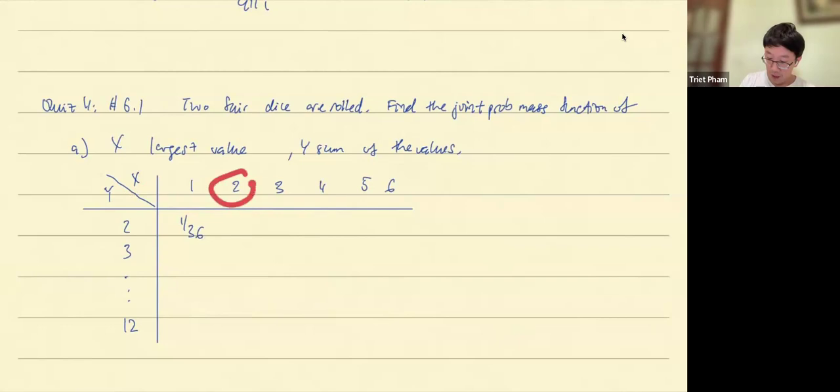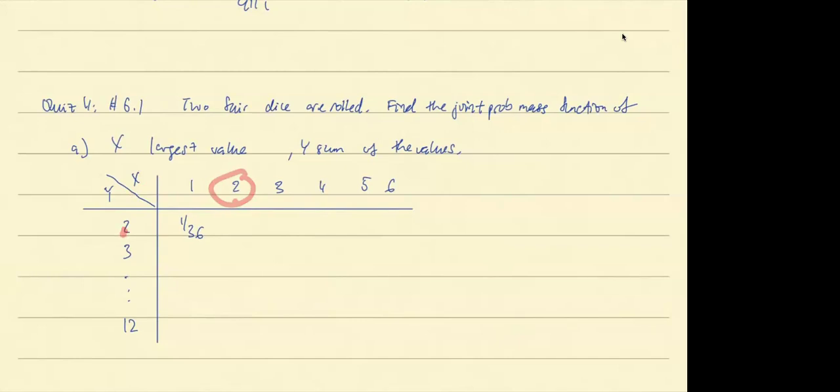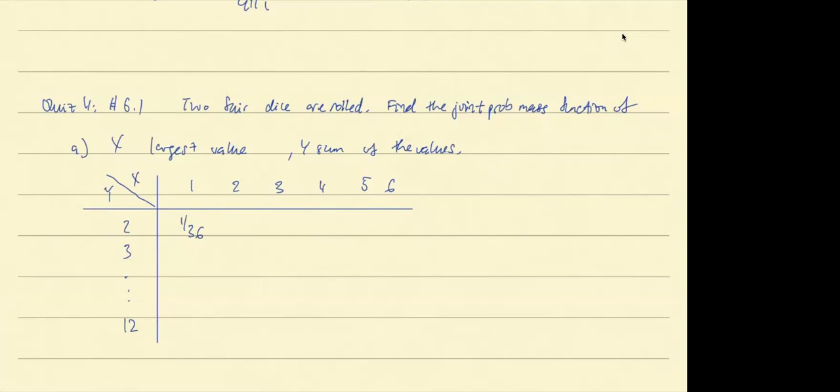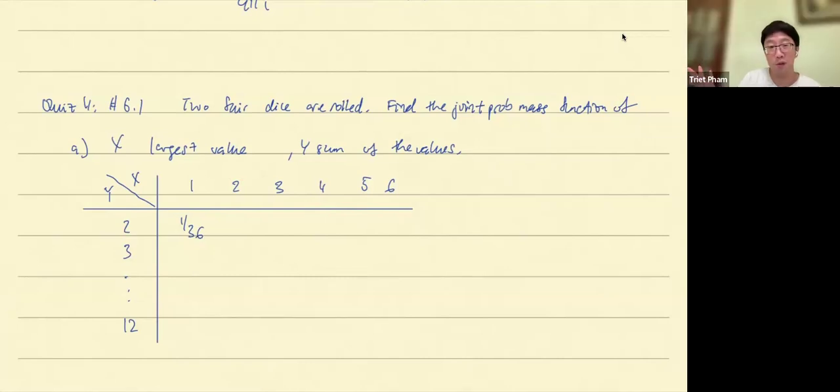What's the probability that the max value is 2 and the sum is 2? Two over 36? No. Oh, 0. Because the max value is 2, it means one of them is 2. How can the sum be 2? So 0.